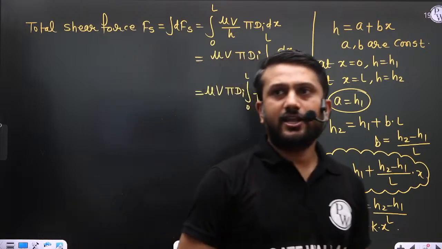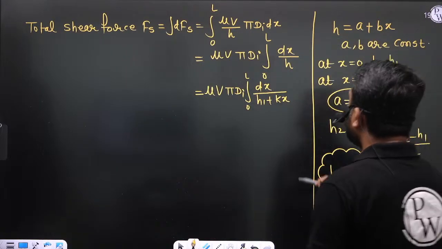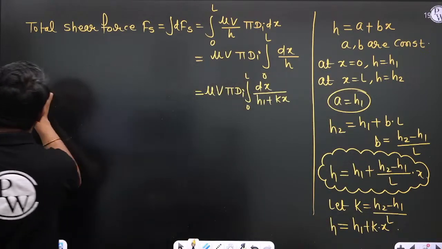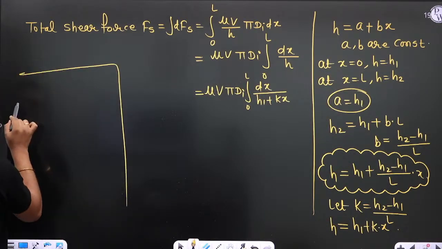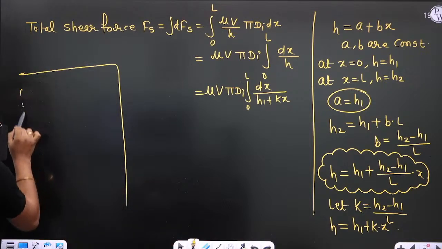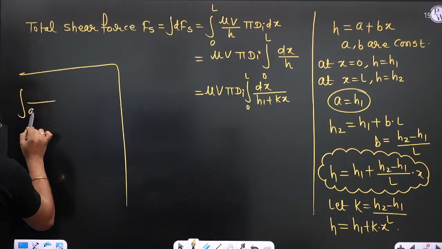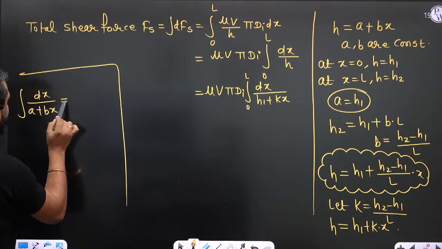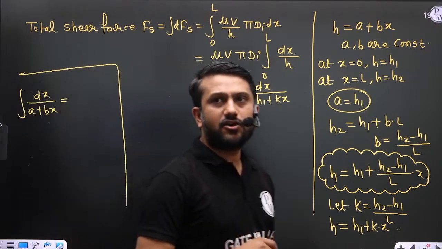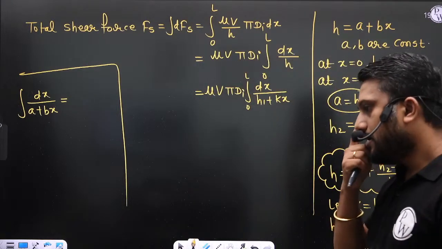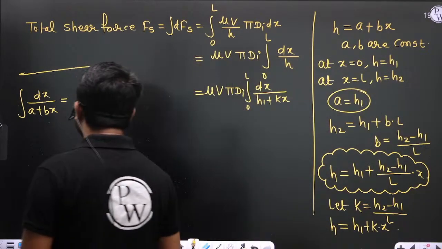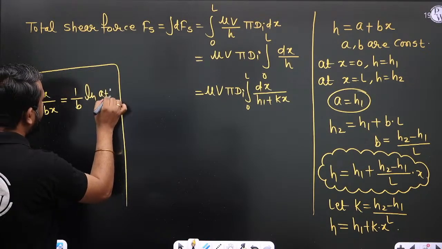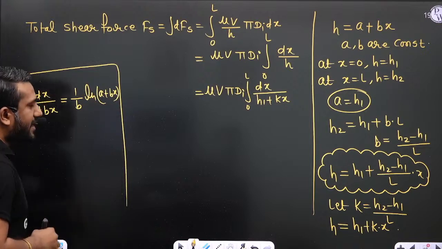You know this integration, integration of 1 upon a plus bx, which I already discussed in the previous class. This is 1 upon b ln of a plus bx.